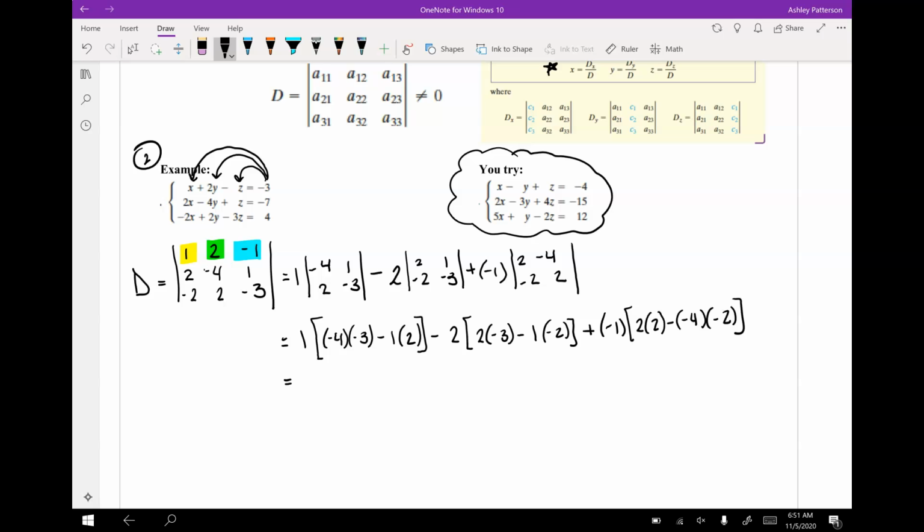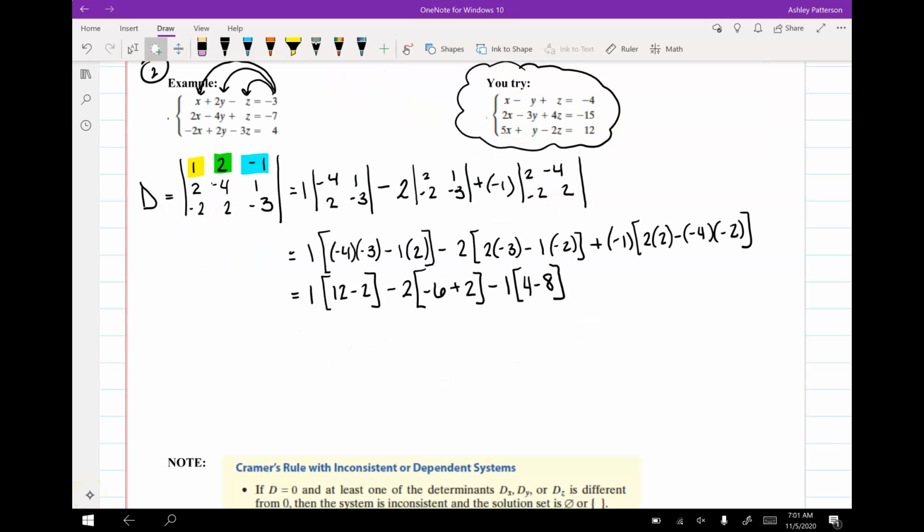Okay, here we go. 1 times -4 times -3 is 12 minus 2. And then we have -2 times 2 times -3 is -6 minus 1 times -2, so we have +2. And then I'm just going to put -1 because we're adding a negative. And that leaves us with 4 minus -4 times -2 is 8, so we'll put -8.